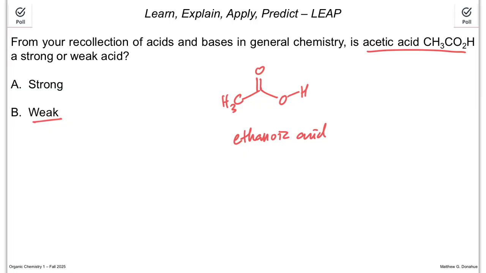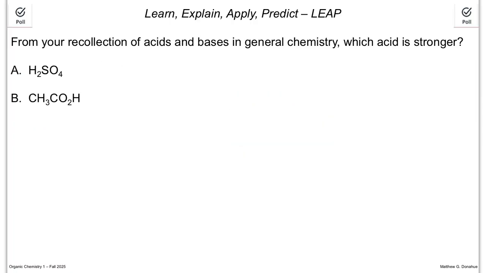So you can eat it. You can clean rusty pipes with it as well. It's a good solvent for things like that. So there are 2 examples of strong versus weak. Which one is stronger? Obviously, the sulfuric acid is stronger.